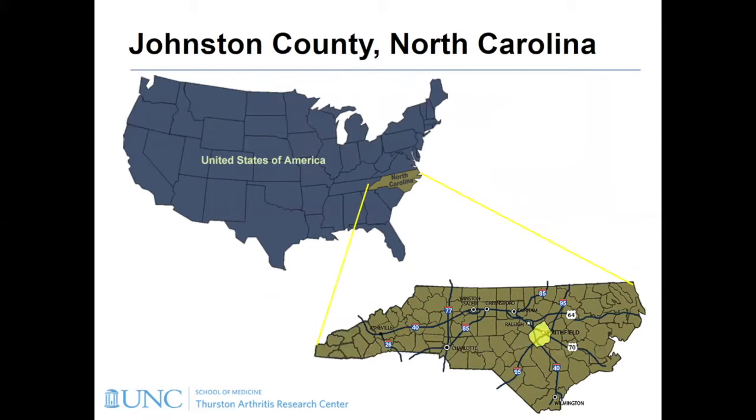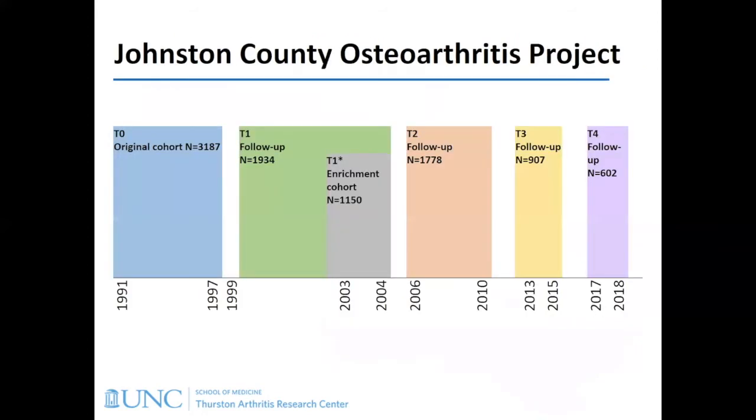It's a predominantly rural county, and this is a study that began 28 years ago, where we've continued to follow more than 4,000 participants. This is a timeline of the Johnston County Osteoarthritis Project. We began enrolling our first participants from 1991 to 1997. And then we've had several follow-up time periods, as you can see here.